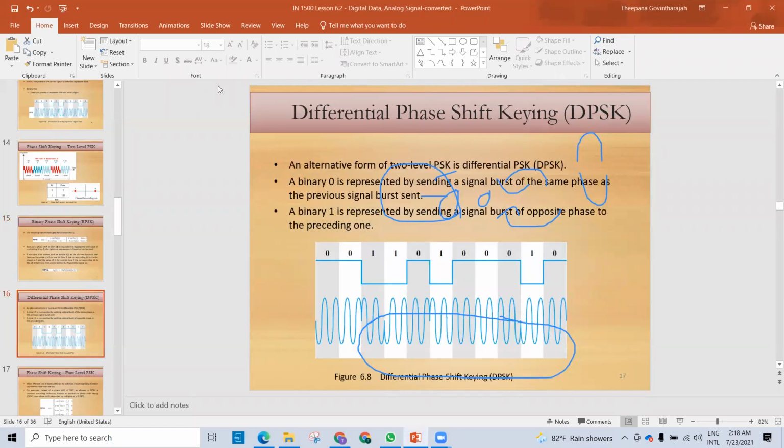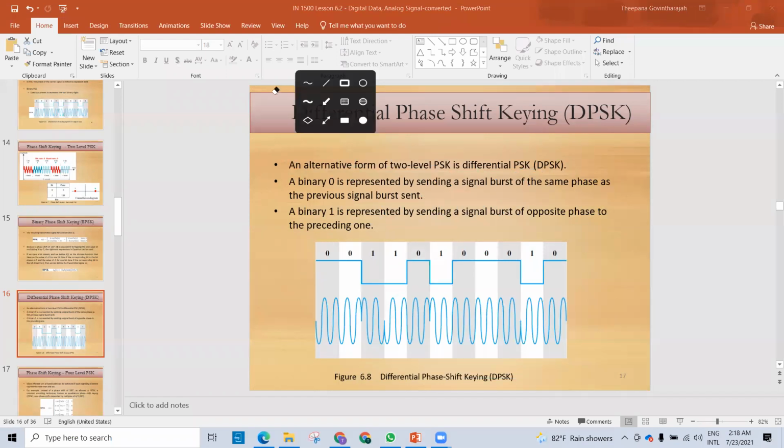And when you see about differential phase shift keying, as I have explained in digital data to digital signal conversion, the differential technique is the technique represented by the transformation of signals in ones.